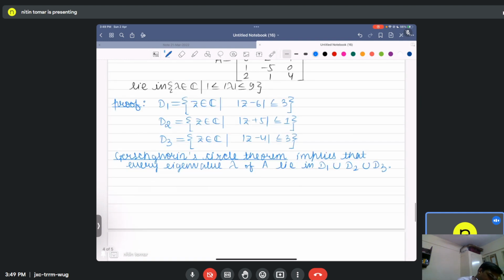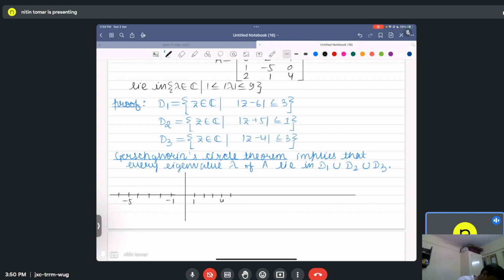Now let us see what D1 is. Let us draw the picture again. So you have 1, 2, 3, 4, 5, and some minus values here also: minus 1, minus 2, minus 3, minus 4, minus 5.